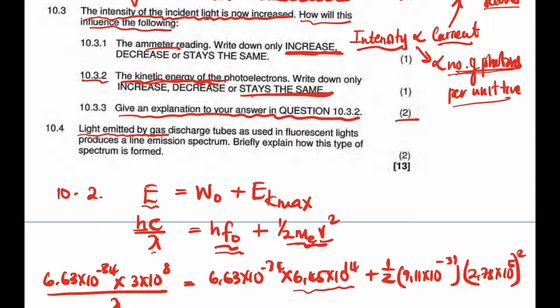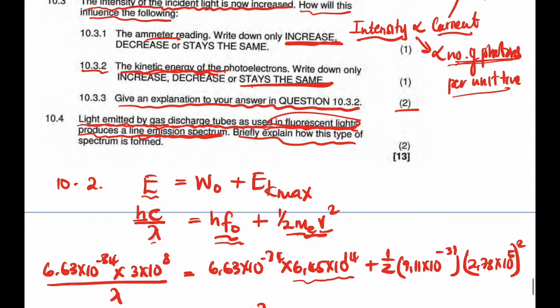It says that the light emitted by a gas charged tube is used as a fluorescent light to produce the line emission spectra. Briefly explain what type of spectrum this is. Guys, they already stated that this light emitted by the gas is used as a fluorescent light, a type of light that is released by the gas.